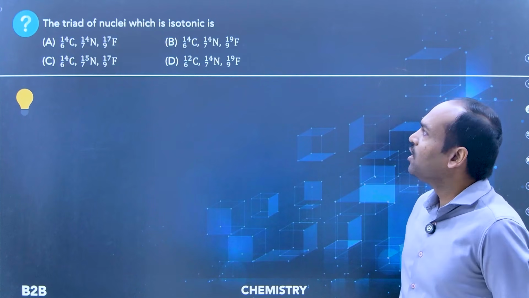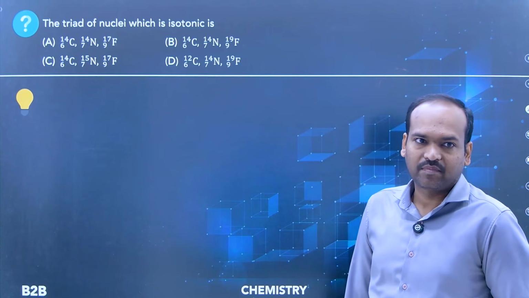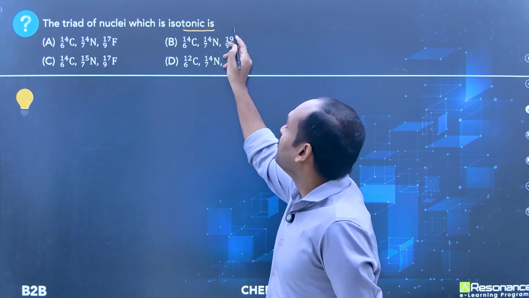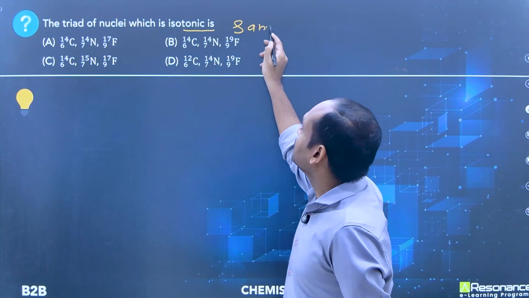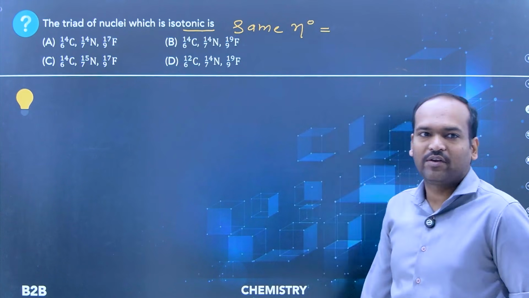The triad of nuclei which is isotonic. Isotonic means the same neutrons. How to calculate neutrons?